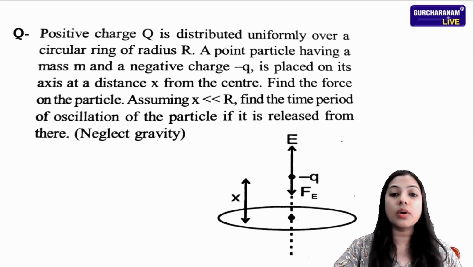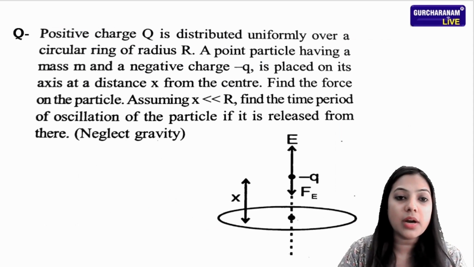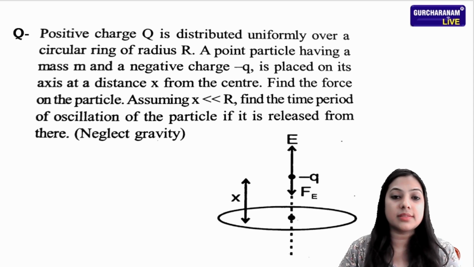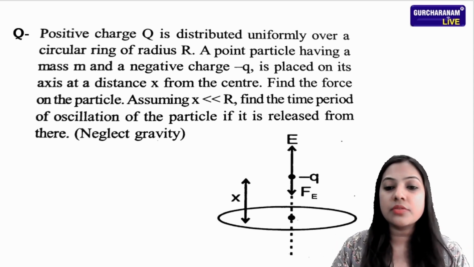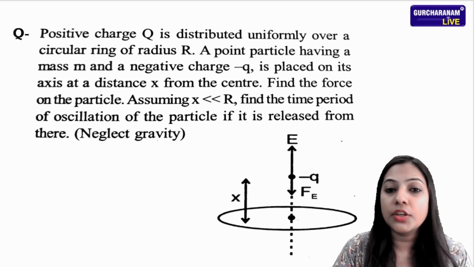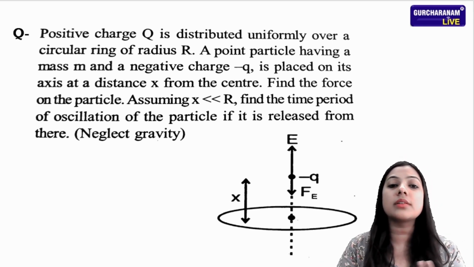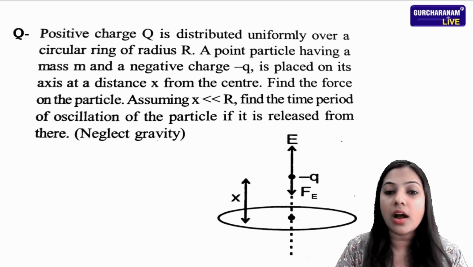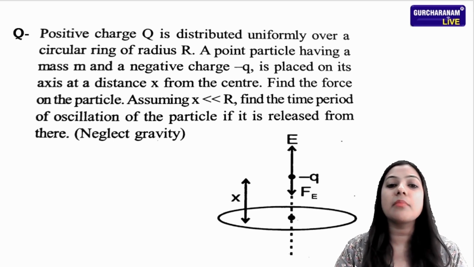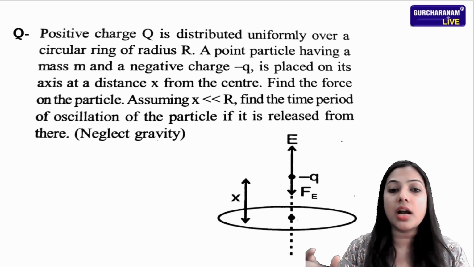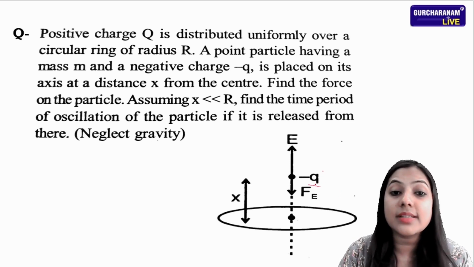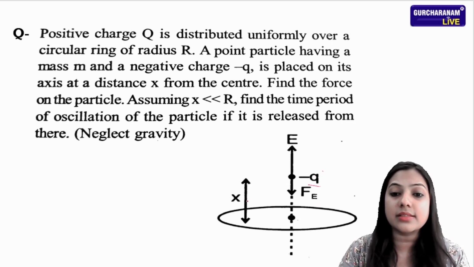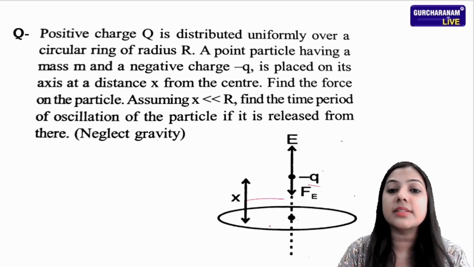Okay, so I have a question for you guys, which is based on this formula. There is a positive charge, which you can see in the diagram. Q is distributed uniformly over a circular ring of radius capital R. A point particle having mass m and a negative charge minus Q is placed on the ring's axis at a distance x from the center.